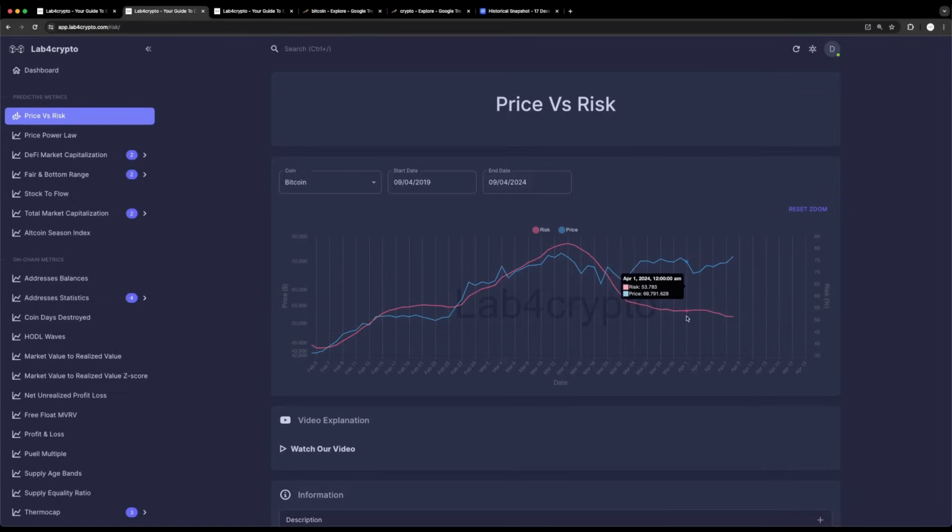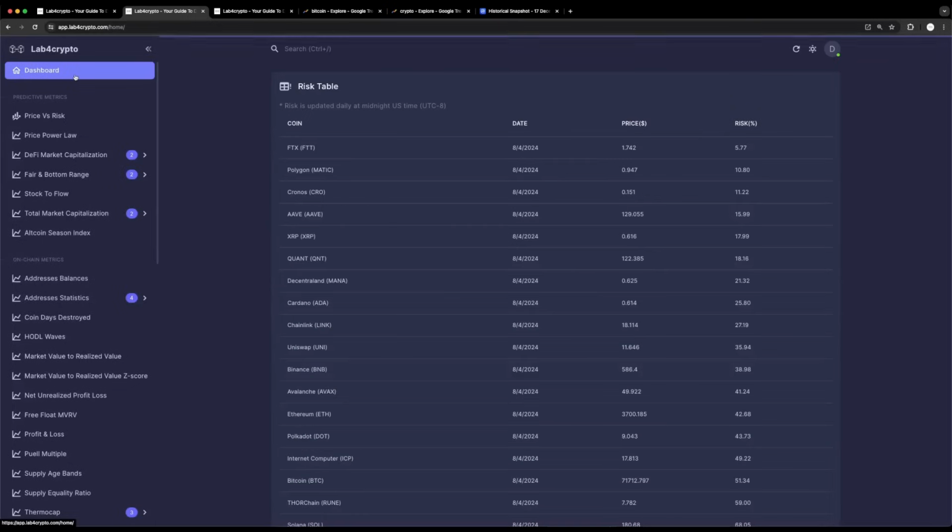And when Bitcoin was dropping at values of 67, 66, we saw that the Bitcoin risk was dropping, and someone whose risk tolerance was at 50% would be able to accumulate and also get the price increase of Bitcoin that currently I think is at 71K.